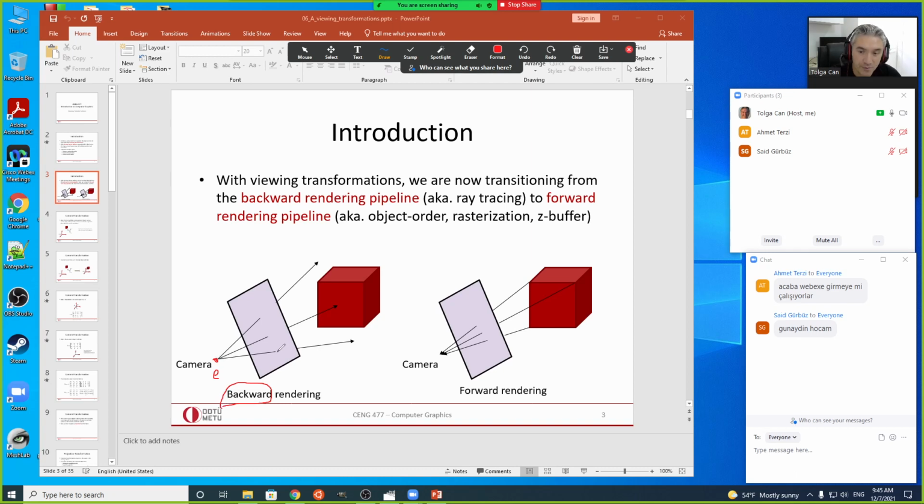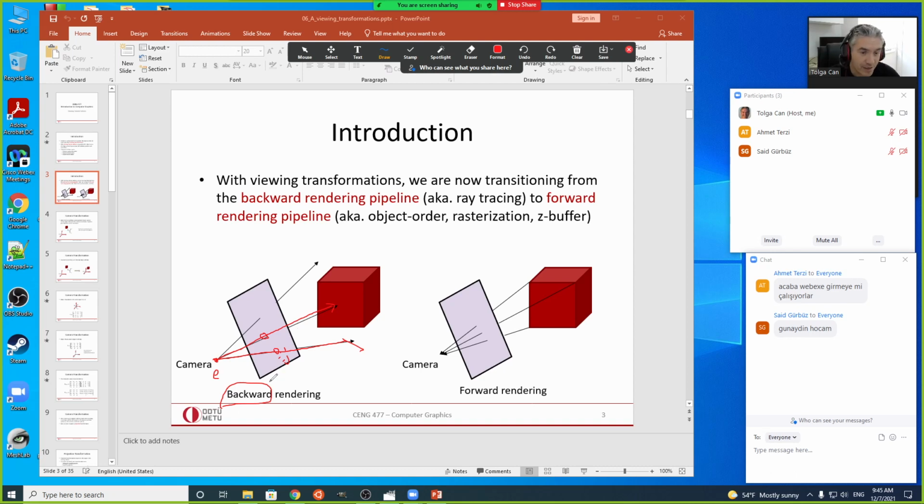Starting from the eye position and given a pixel ij value like this, we shot our rays. The number of rays was equal to the number of pixels on our image window, and for each ray we tried to figure out what color that ray is going to be so that we can set this pixel value. Each pixel's color is computed by shooting rays through it and finding intersections with the objects, computing the color, whether it's in shadow, whether there are reflections. So it's a really detailed but highly parallelizable algorithm.